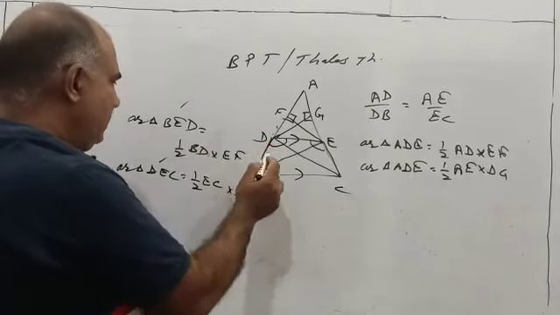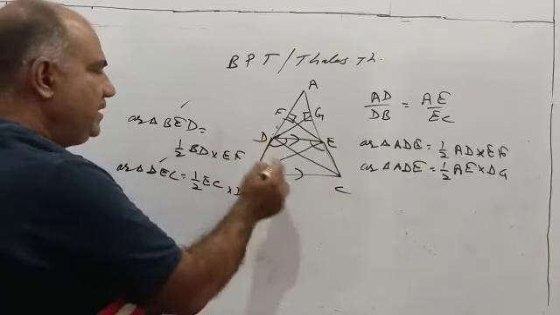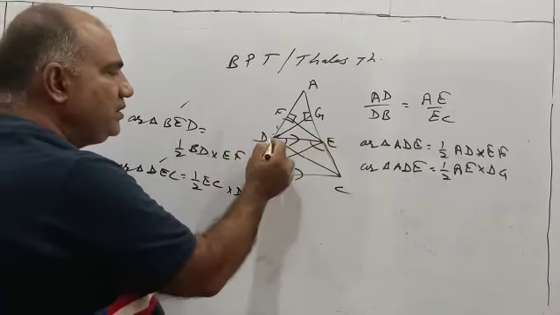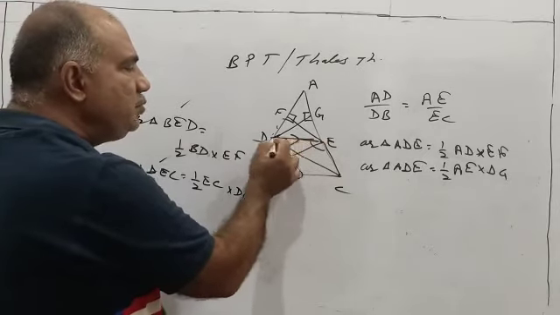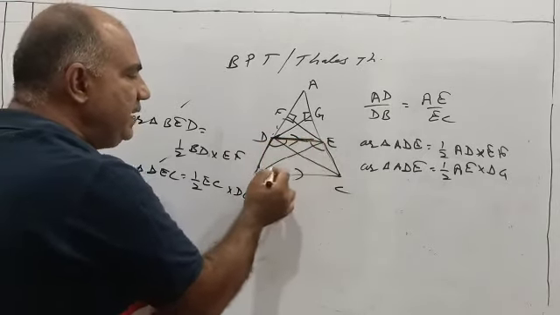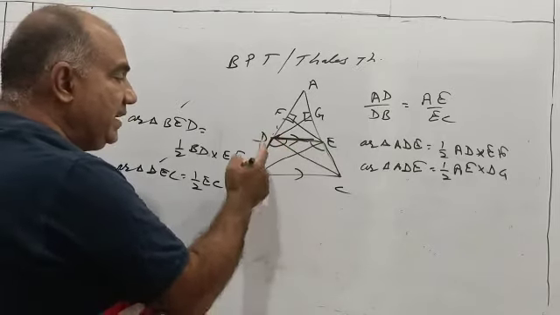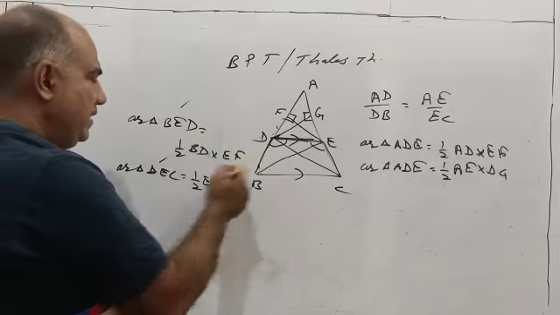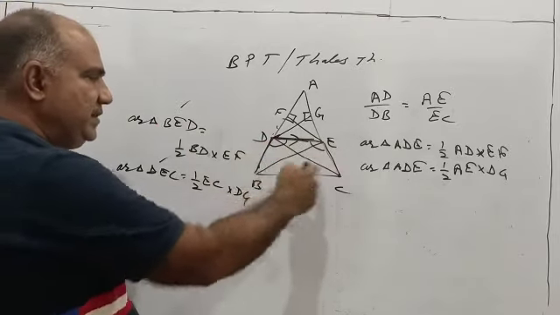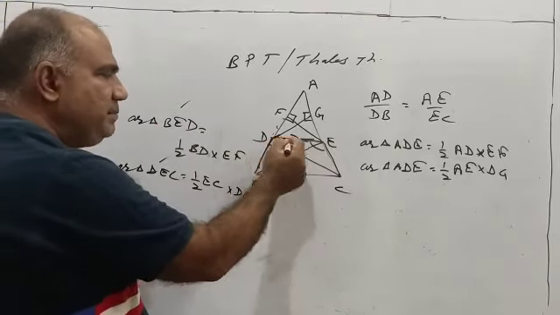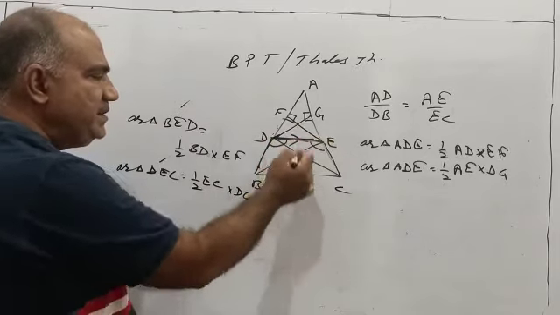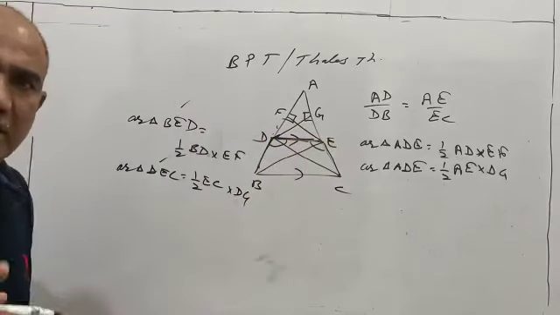See, triangle BED and triangle DEC are on the same base DE. Please do remember, they are on the same base and between the same parallel lines DE and BC. Therefore their areas are equal.